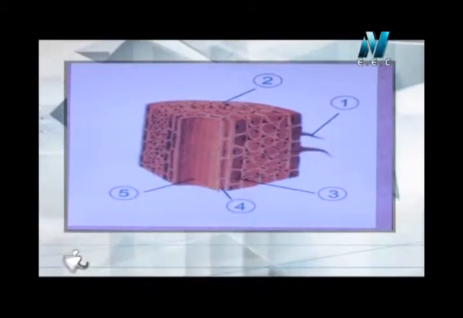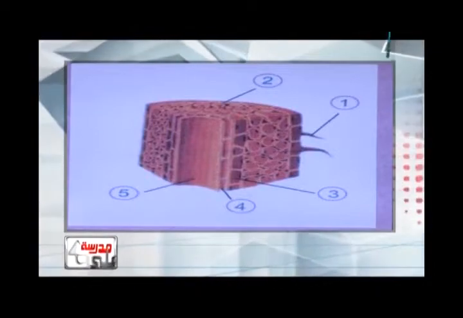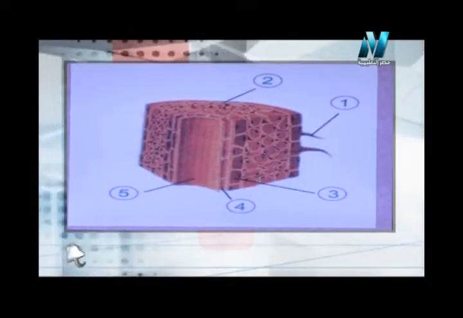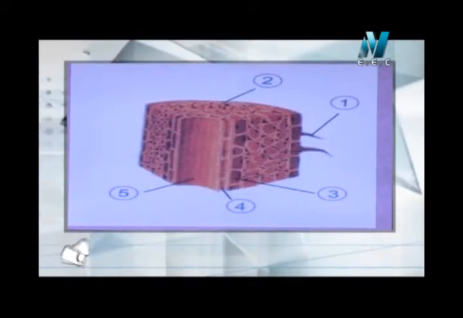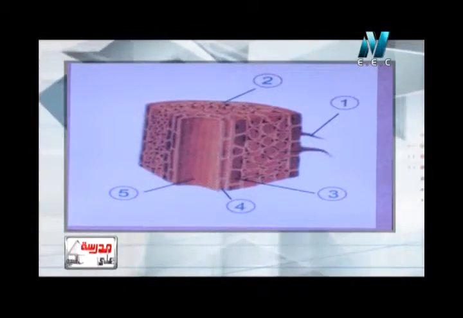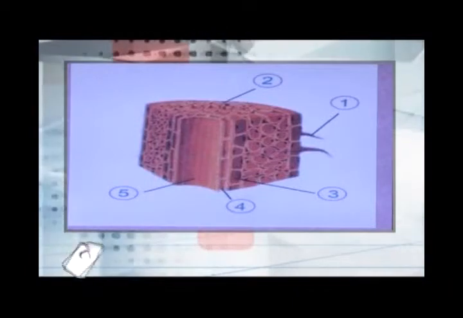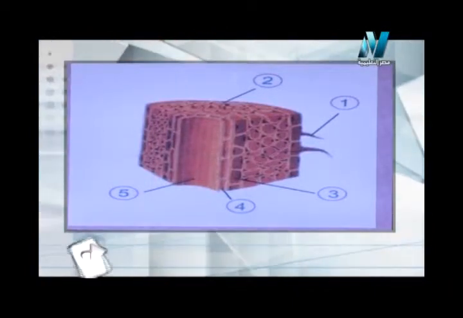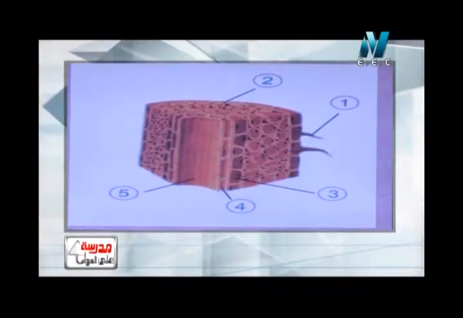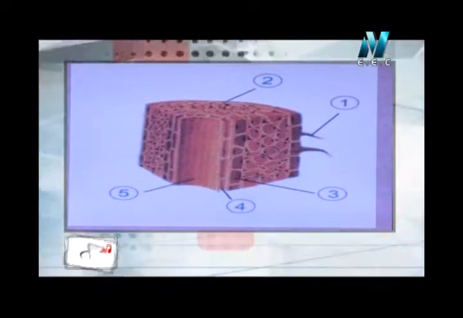Number 1, the root hair, is responsible for absorbing water from the soil. So what about the 4 layers? They are the cortex, the endodermis, the xylem, and the pith.